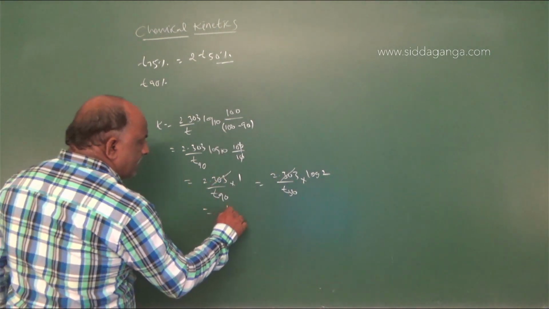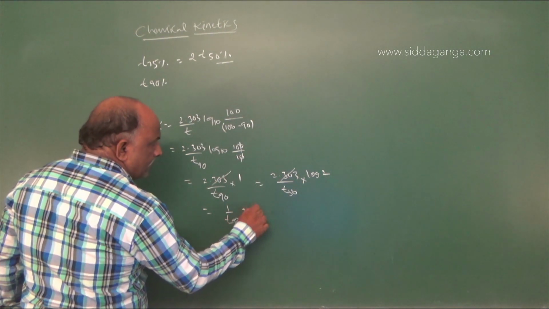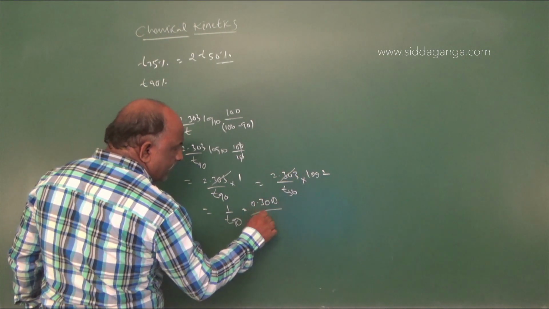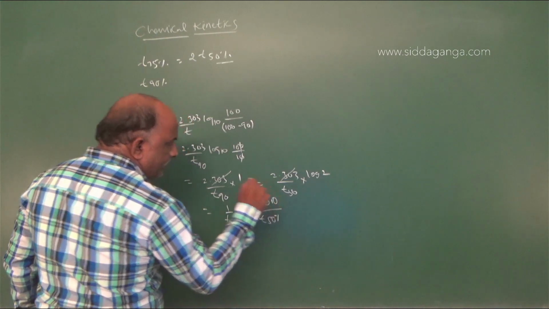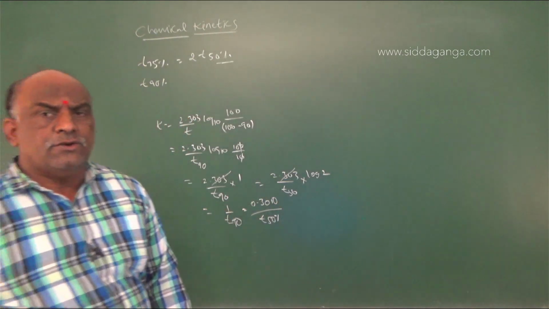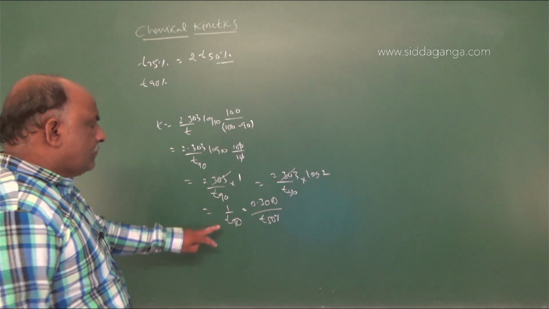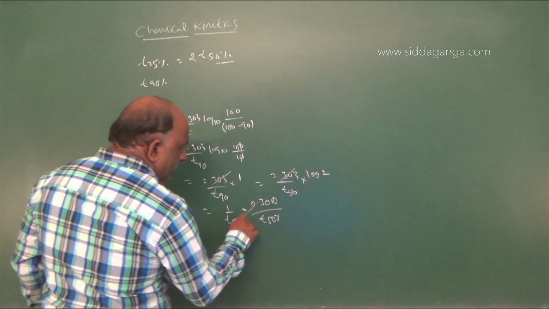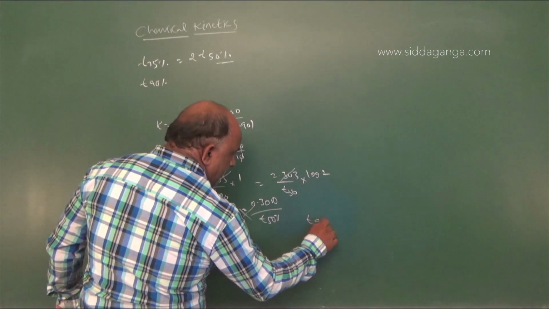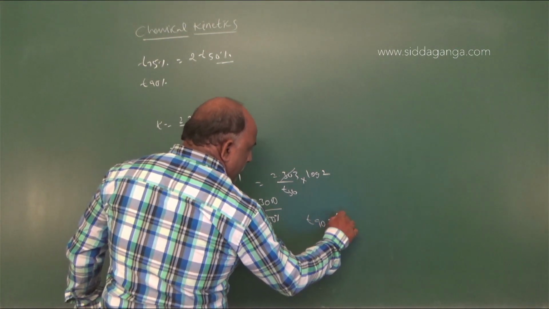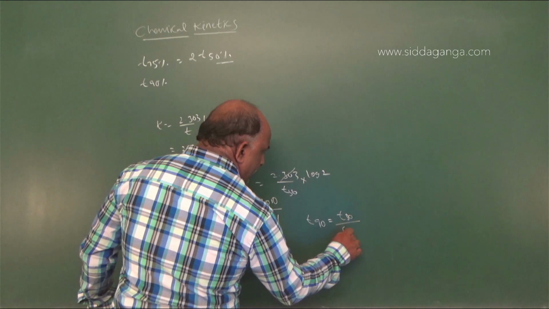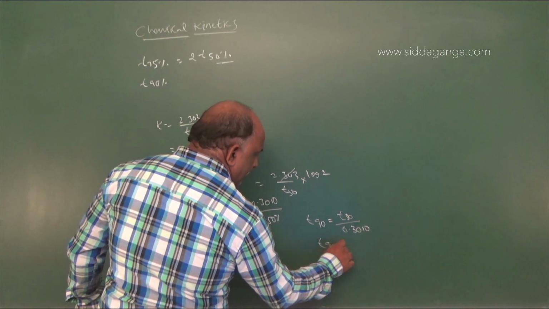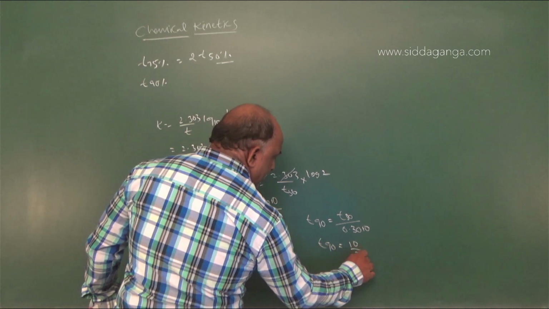What is remaining here? 1 by T90 is equal to log 2, that is 0.3010, divided by T50. Cross multiplication gives T90 is equal to T50 divided by 0.3010. This can be written as T90 is equal to 10 by 3 T50.